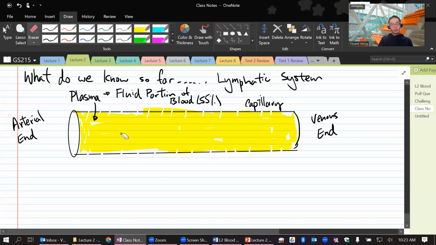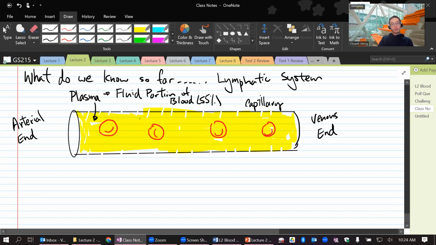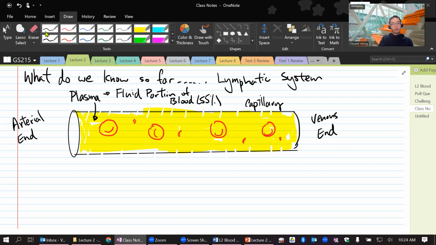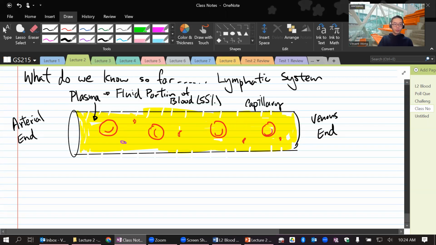And within the plasma, we have the red cells, right? We have some white cells as well that I didn't draw here. And then we have some platelets. You know what? Let's draw them. Why not? Okay, so these are platelets. These are red cells. And then we have the white cells, which usually look like this. They have multiple nuclei.